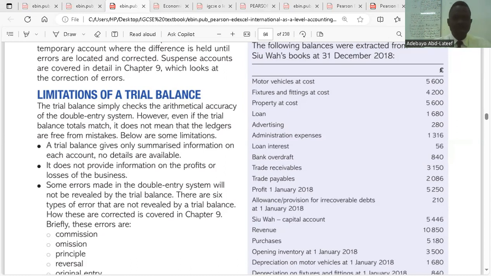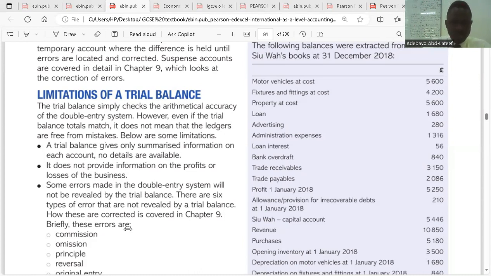For our debit side, we're going to have 5,600 plus 4,200 plus 5,600 plus advertising 280 plus administrative expenses 1316 plus interest on loan 56 plus trade receivable 3150 plus purchases 5180 plus opening inventory 3,500 plus 1680 plus 840. So our total on the debit side is 31,402.